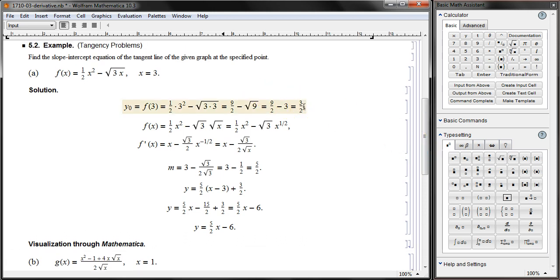y0, plugging in and computation, and f of x is like this, the derivative computation, the power rule, plug in and simplify, and therefore we have the slope-point equation of the line. The last two lines, those are necessary. This is a perfectly great answer.